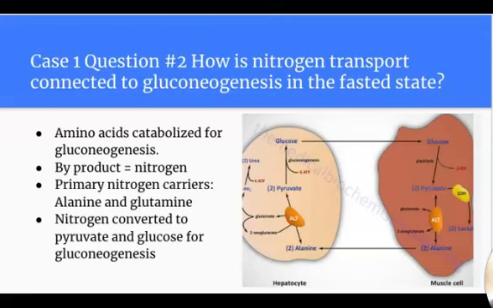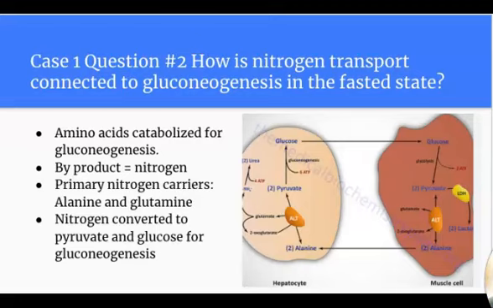The byproduct of amino acid catabolism, which is nitrogen, is required to be transferred into the liver for the synthesis of urea. Alanine and glutamine are the primary carriers of nitrogen. Through transamination, alanine is formed in the muscle. It has the ability to transport the nitrogen to the liver, where it can be converted to pyruvate and then eventually glucose.